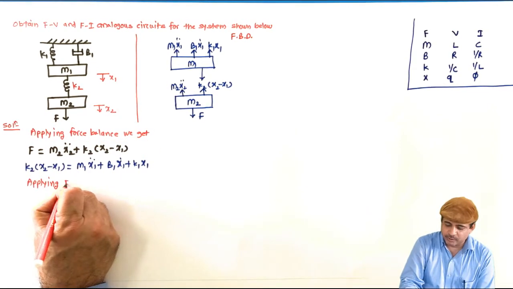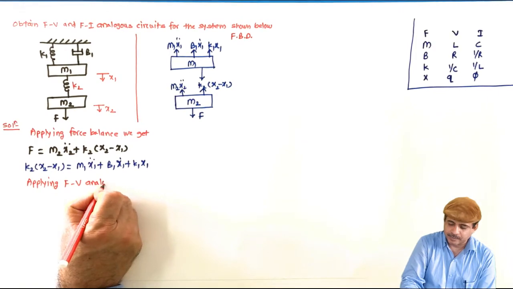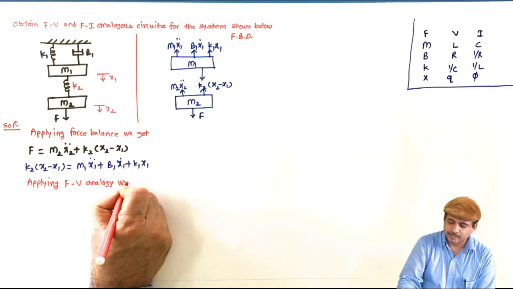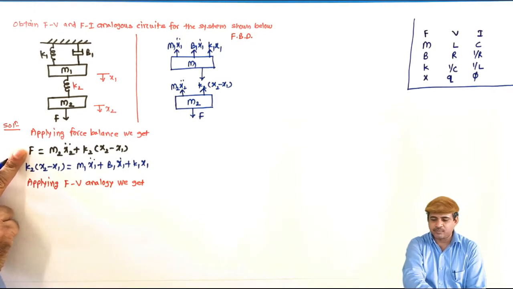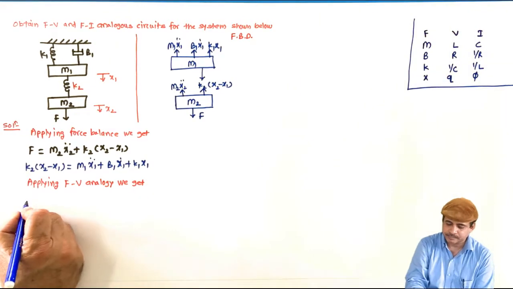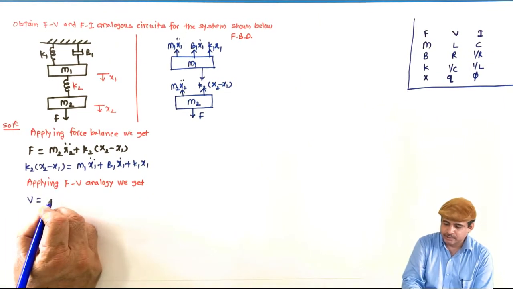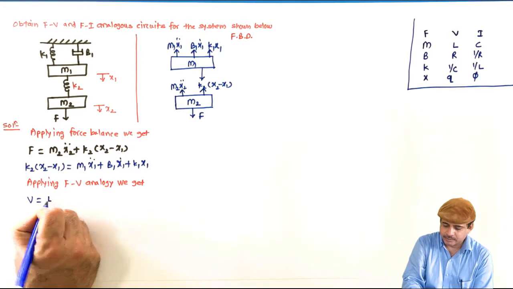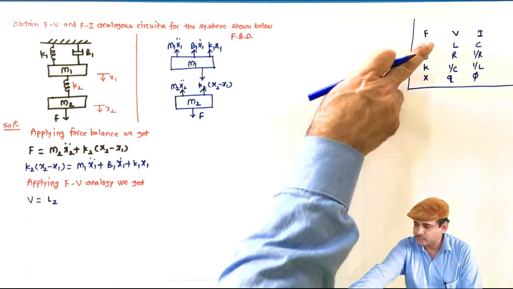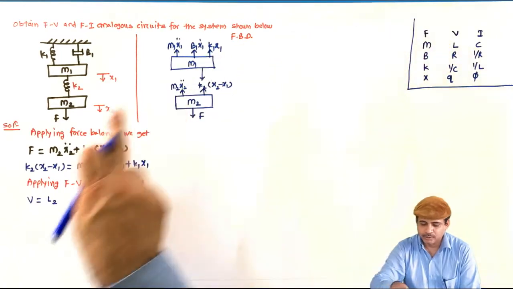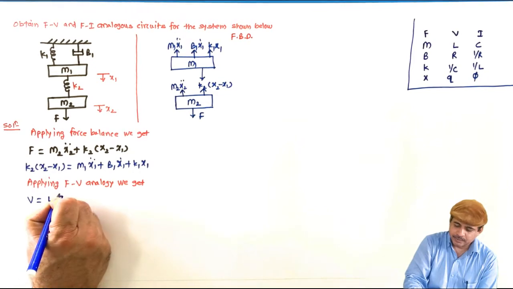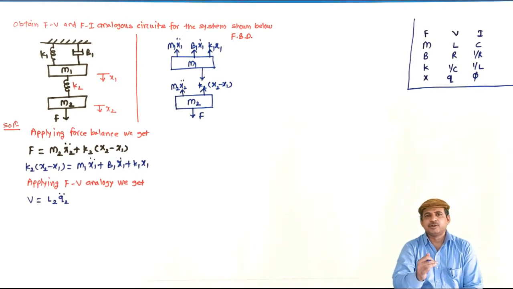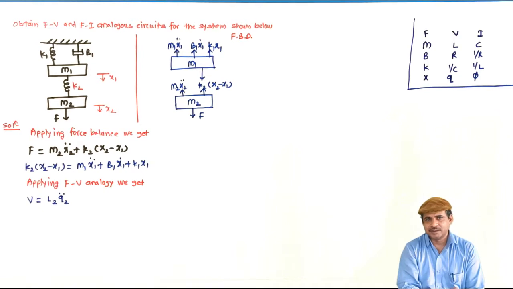Now let us apply the force to voltage analogy. F will be replaced by V. So V will be equal to L2, replacing M with L, and X means Q, so Q2 double dot, which is d2q by dt square, and that is nothing but di2 by dt.